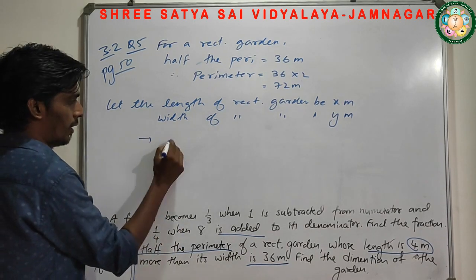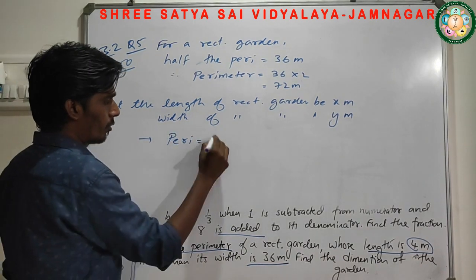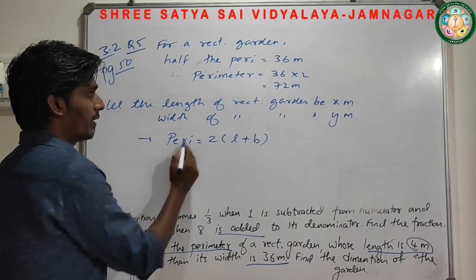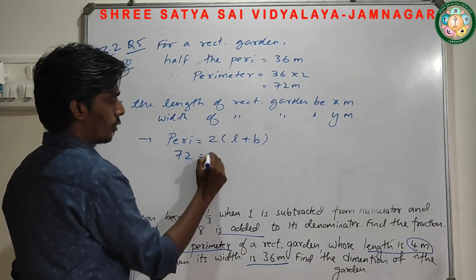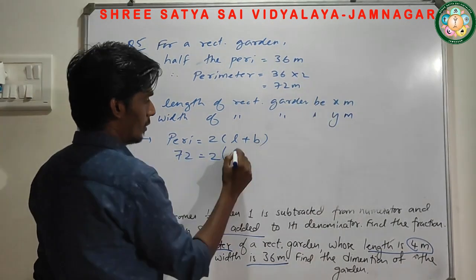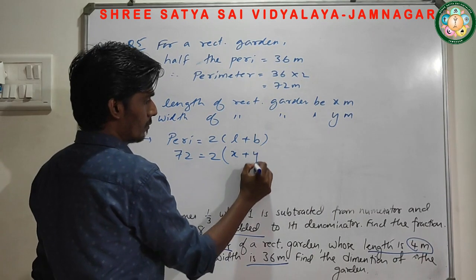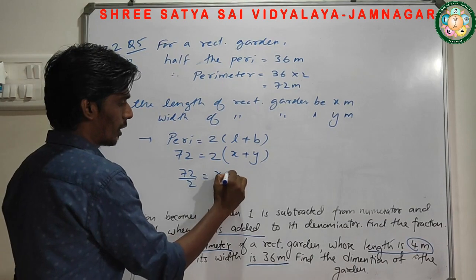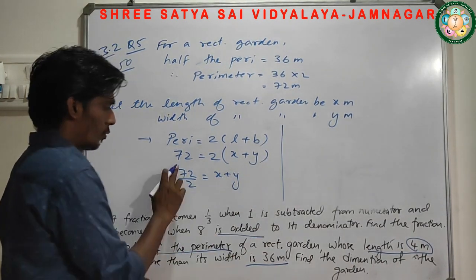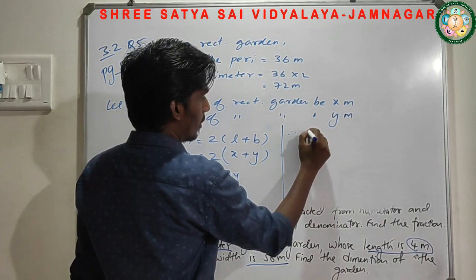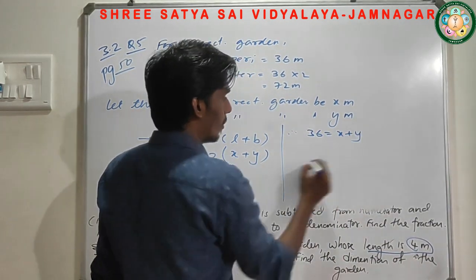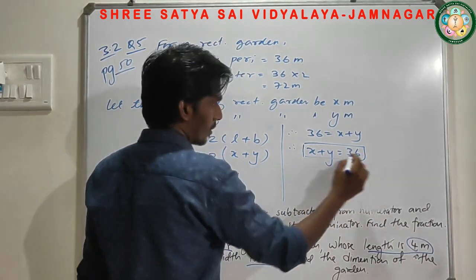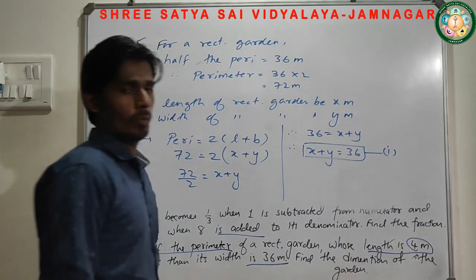Now we know the perimeter formula: perimeter equals 2 times length plus breadth. The perimeter is 72. With 2 as it is, the length is x and the breadth is y. If I take 2 here, it's 72 upon 2 equals x plus y. So 72 divided by 2 is 36, which equals x plus y. So I can write x plus y is 36. Say this is equation 1.